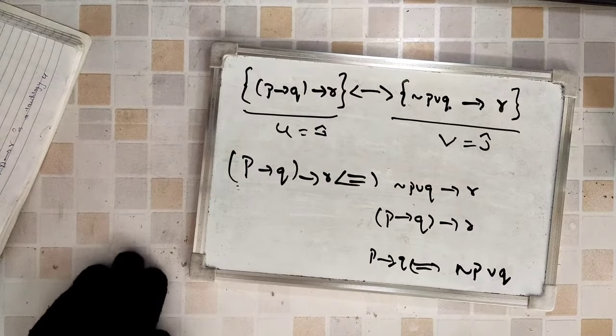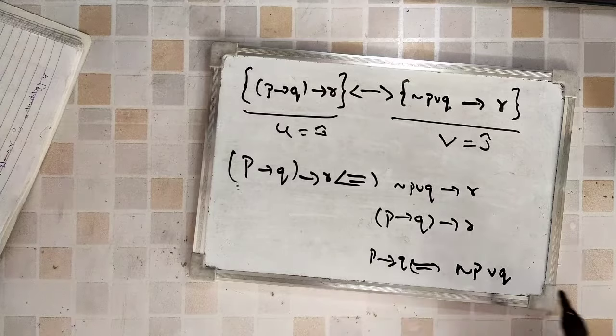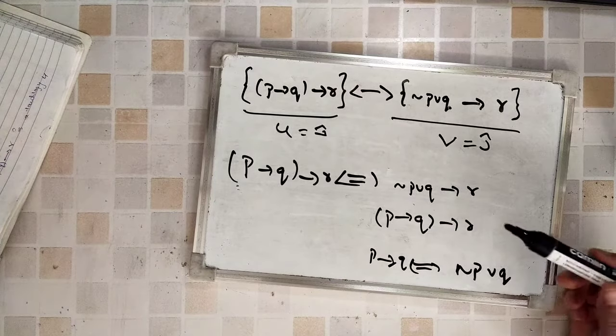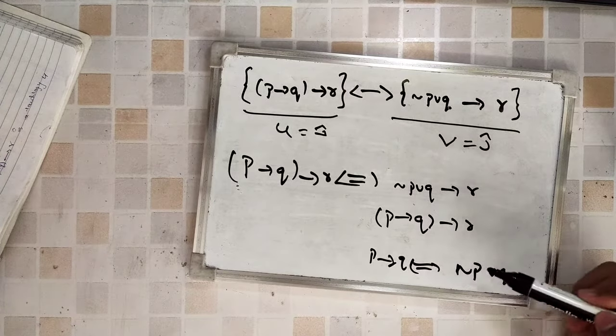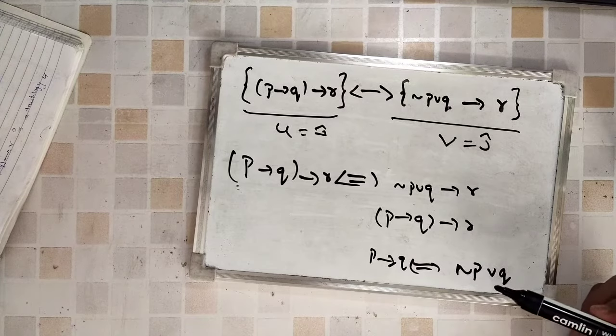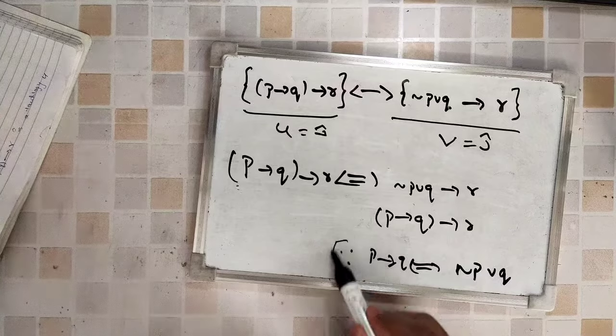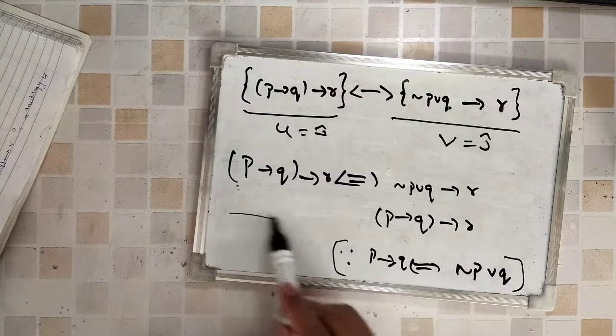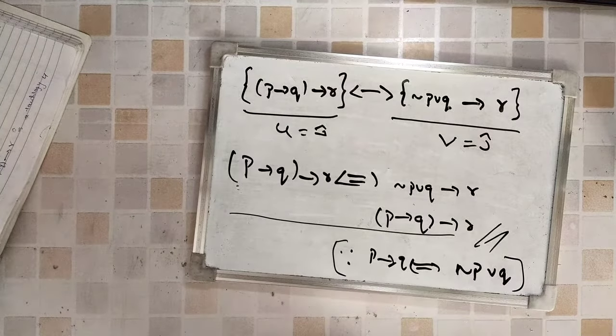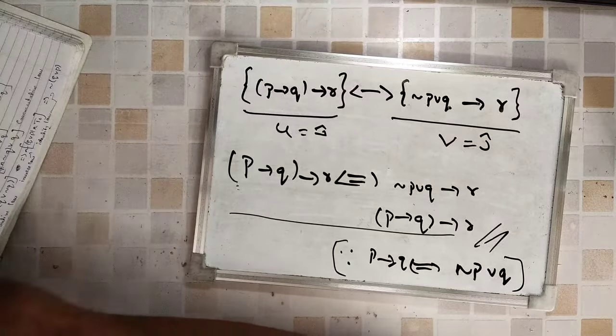If we are using a law, we can simply write the name of the law, but here we don't know it, so we write this and prove it. Done, it was quite simple and understandable.